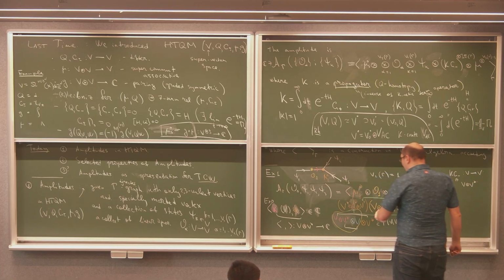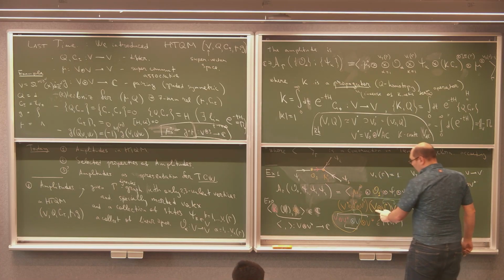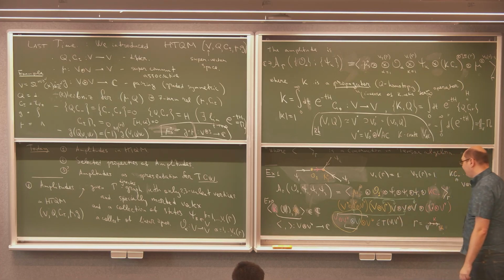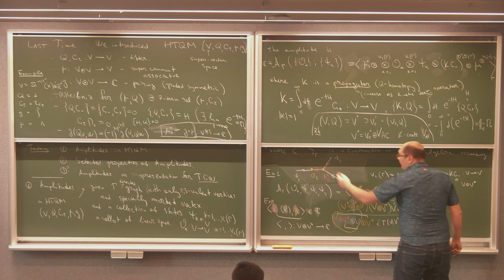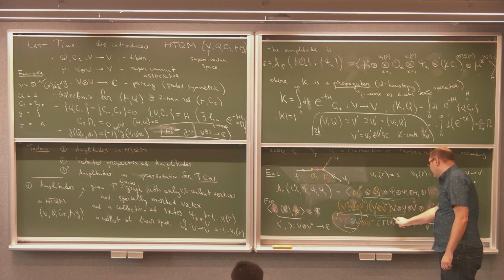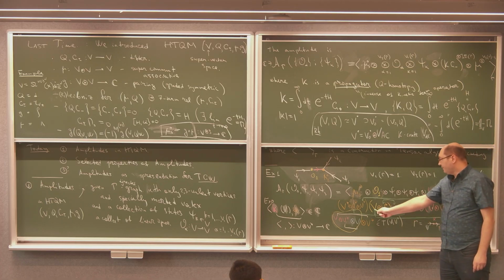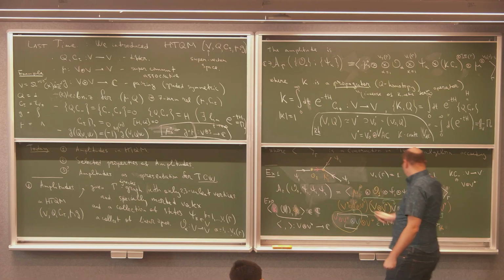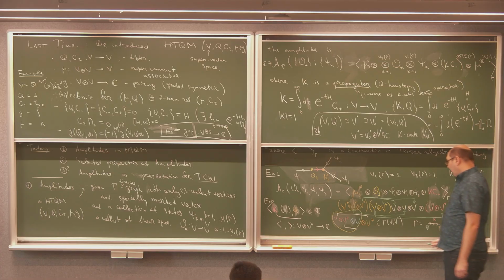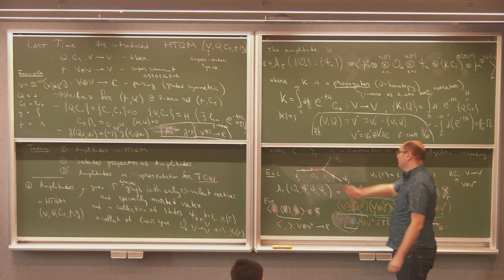Then we take the output of O1, which is this vector from this yellow copy of V, and use it as input for this red propagator. So we contract this V from the yellow O1 with a V star from the red propagator.